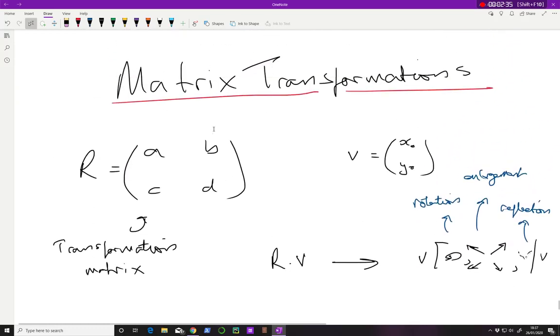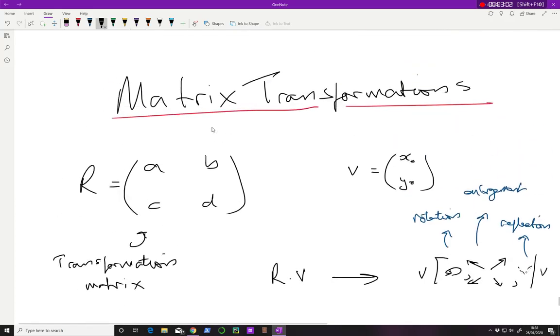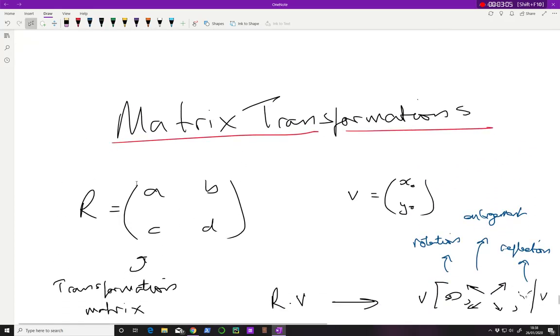There are two things that you should really understand and use when talking about matrix transformations, especially with enlargement or stretch matrices. The first thing is the determinant. The determinant is given as det of my matrix equals the multiplication of the diagonal, take away the multiplication of the second diagonal.